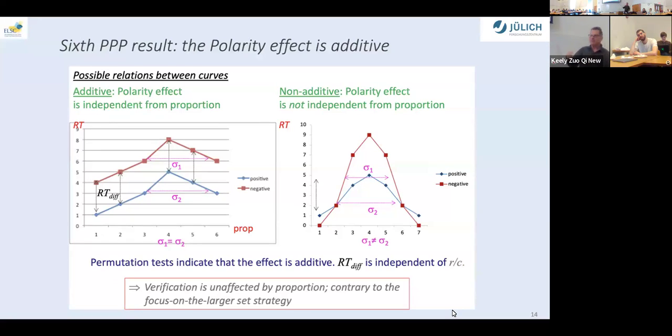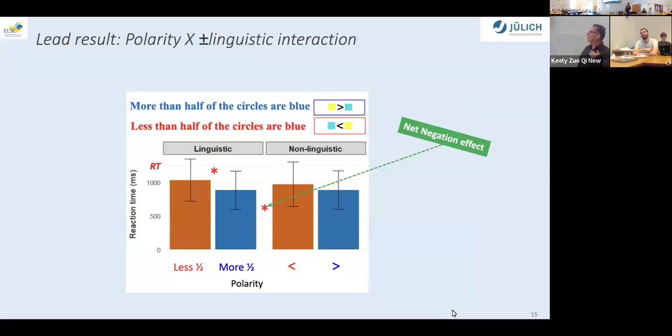Here you have to go through some steps and people get a little suspicious, but it is an argument for modularity. It also shows you that this business of focusing on the larger set wouldn't be the right strategy, because it should be sensitive to relative set size, and it's not. I'm talking about the Just and Carpenter account. So the summary statement here is this net negation effect.